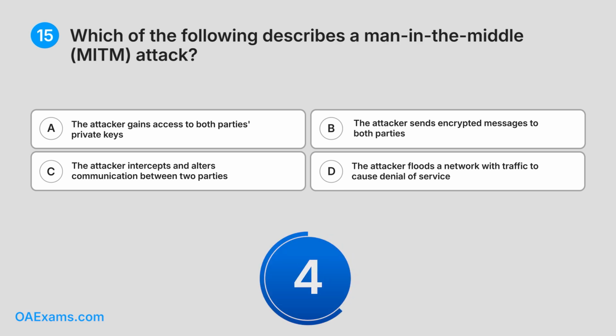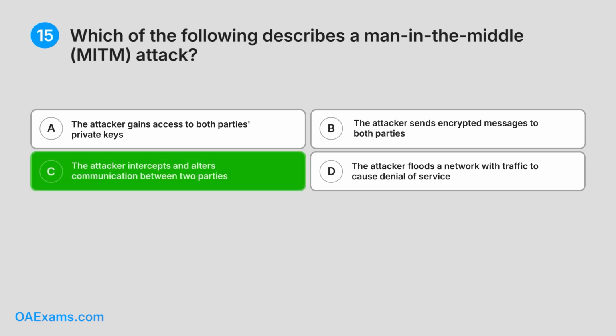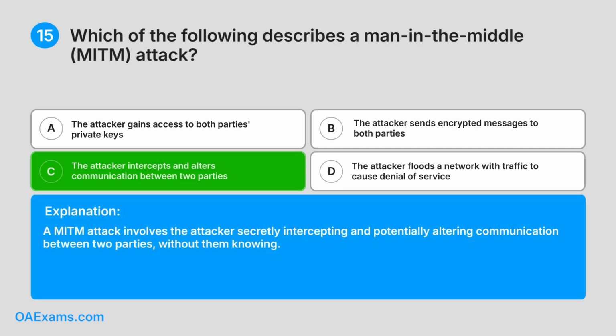Can you guess the answer? Correct answer: C. The attacker intercepts and alters communication between two parties. Explanation: A MITM attack involves the attacker secretly intercepting and potentially altering communication between two parties, without them knowing.